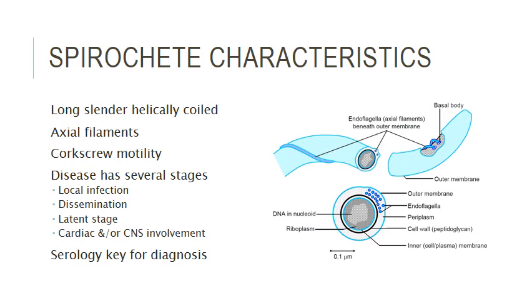So just a few reminders about spirochetes. They are technically gram-negative, but they're a little bit different because of the axial filaments that they have, which spiral around the bacteria.